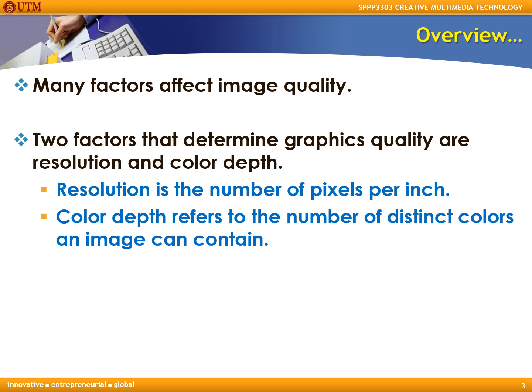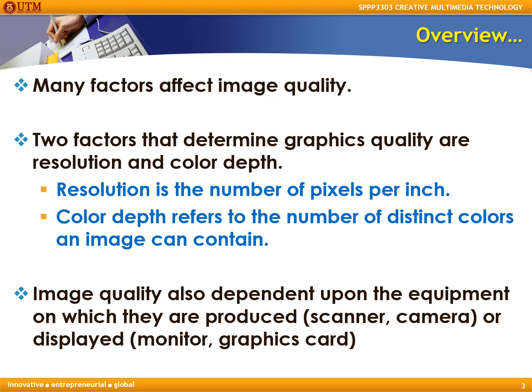How to measure this quality? By improving the resolution of the image. How to do that? By increasing the number of pixels per 1 inch. Now the color depth refers to the number of distinct colors in one image.